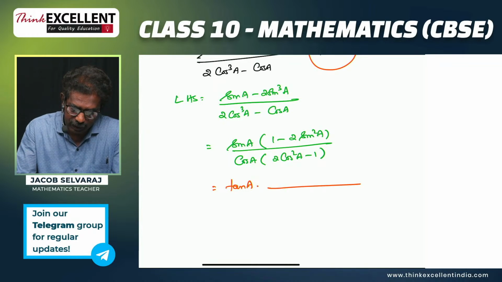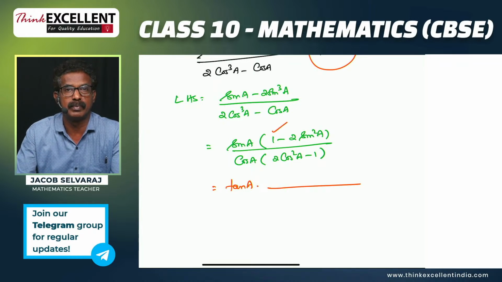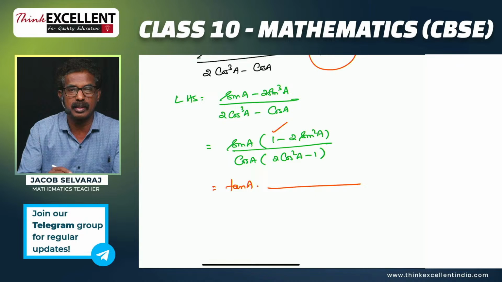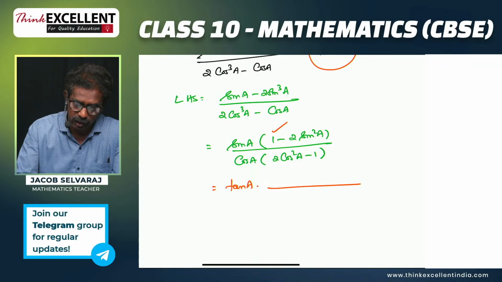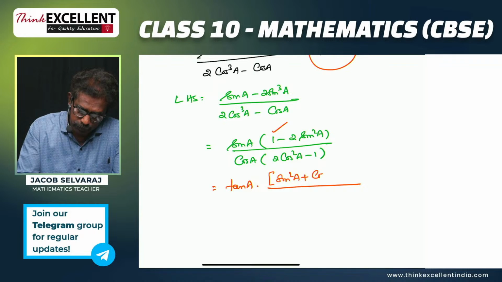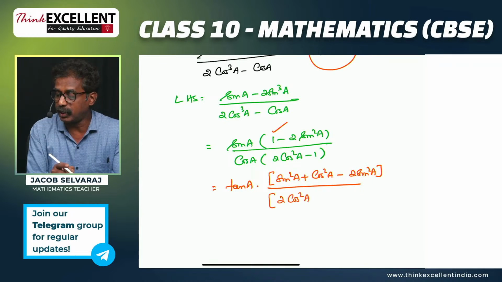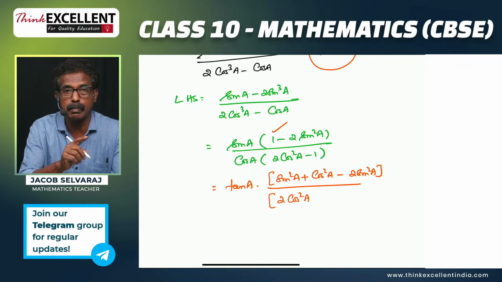Here, in the numerator, instead of 1, we are using the identity sine square plus cos square, right? So 1 can be written as sin square A plus cos square A, minus the second term 2 sin square A. Denominator 2 cos square A minus 1. That 1 can be written as sin square A plus cos square A, but the outside minus sign is there.